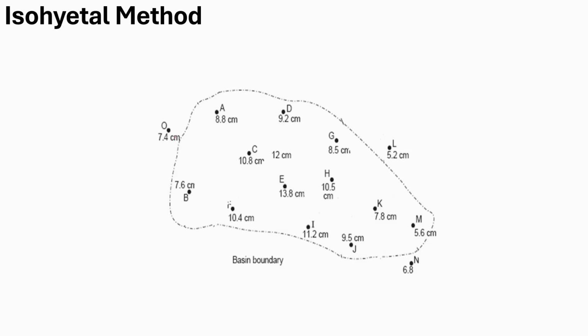This depends upon the distances between the rain gauge stations. In this case, the shaded line shows the catchment area for which we have to determine the average precipitation, and these dots show the rain gauge stations.